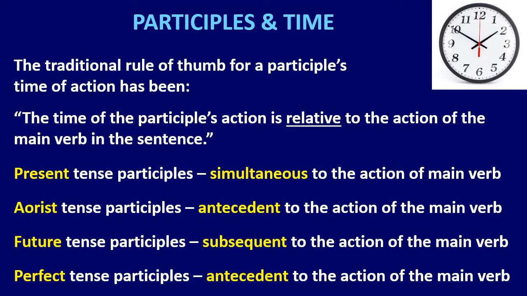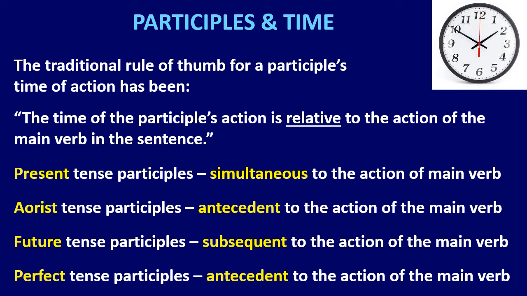Now let's go on to learn about perfect participles and time. We saw in previous lessons regarding the present, aorist, and future tense participles that they all are used in relation to the time of the action of a main verb or main thought in a sentence or passage.